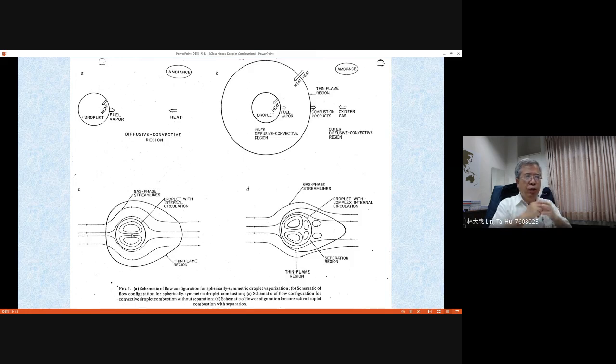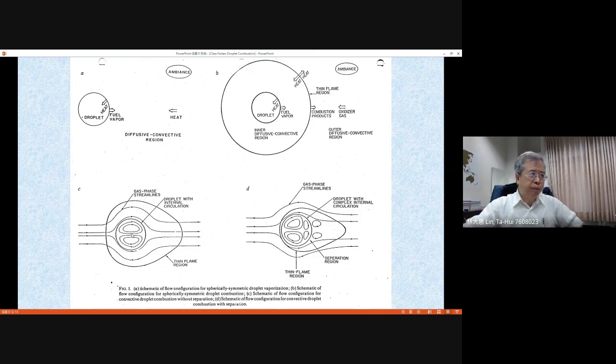Multi-component droplet means that you mix different kinds of component liquids to form a droplet. Sometimes the mixing is incomplete from the beginning, but in the combustion process, if you have a pair of recirculation zones, recirculation means you stir the mixture inside of the liquid, and they may produce better mixing as you go through the combustion process.